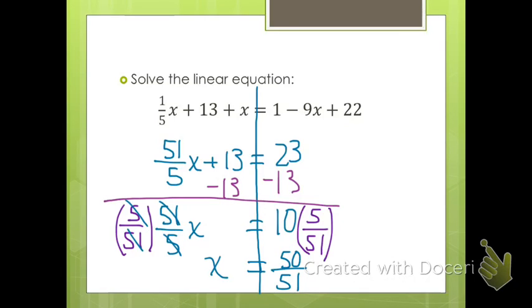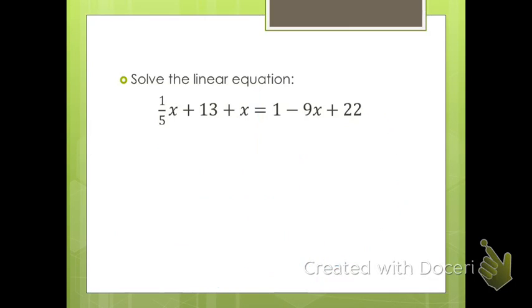A good habit to get into with these is to always go back and check these solutions back up in the original equation. So that's what we're going to do now. So we got x is equal to 50 over 51 for that.